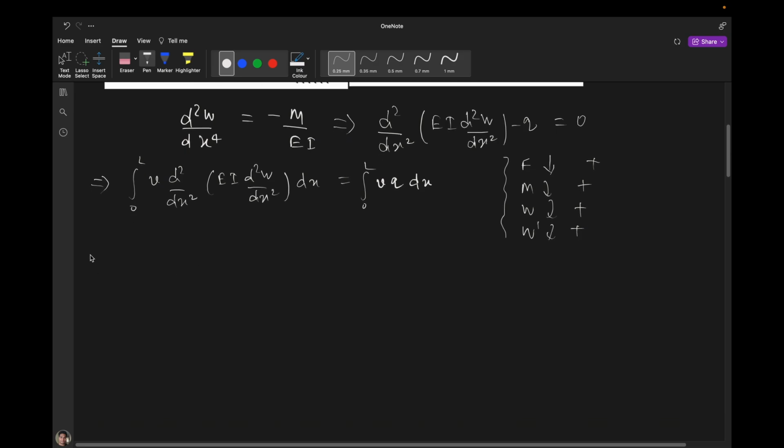And if I apply integration by parts, then we arrive at the above equation like this.